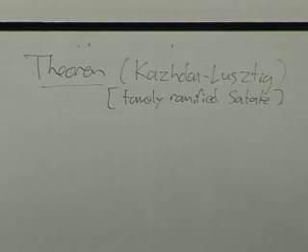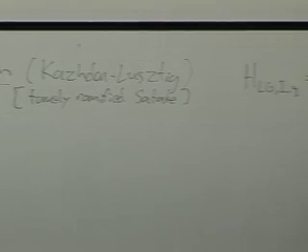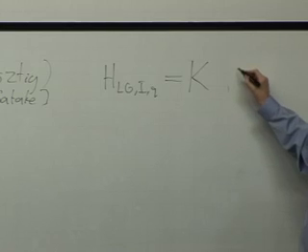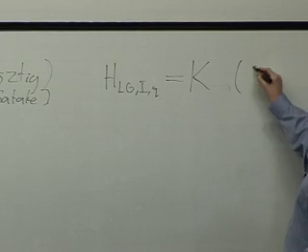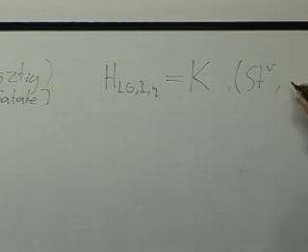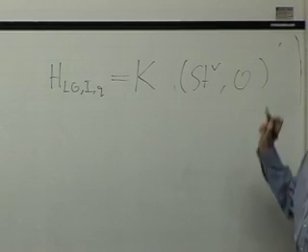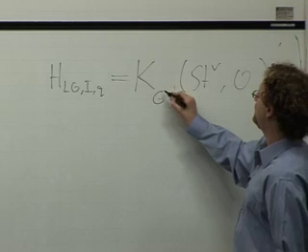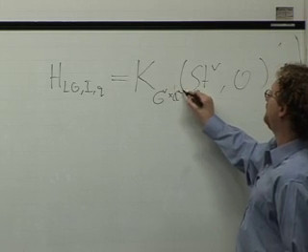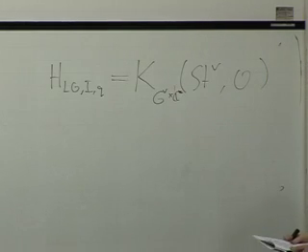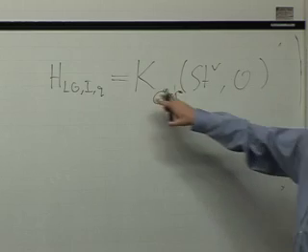The Kazhdan-Lusztig theorem tells us that the affine Hecke algebra is isomorphic to the K group of coherent sheaves on Steinberg. Let me just emphasize, this is the algebraic K group of coherent sheaves, which is equivariant with respect to these extra symmetries. And this is an isomorphism of algebras.